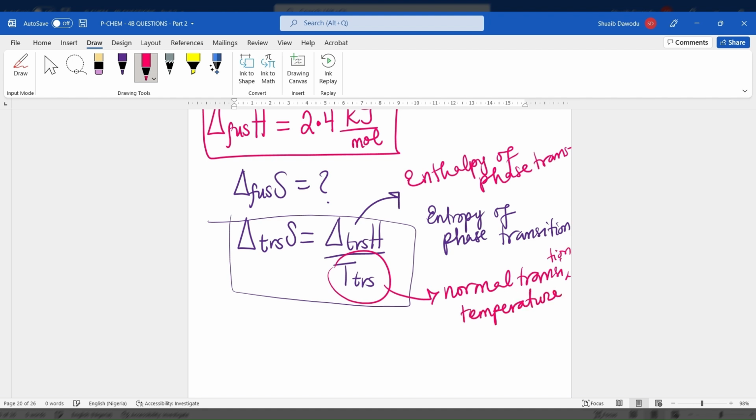So you can see what all of this is. You have the enthalpy of phase transition and the normal transition temperature, and that's basically it.